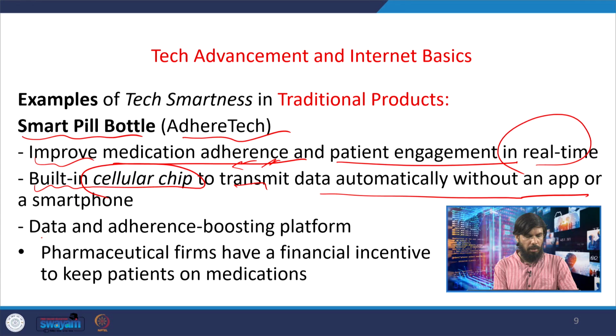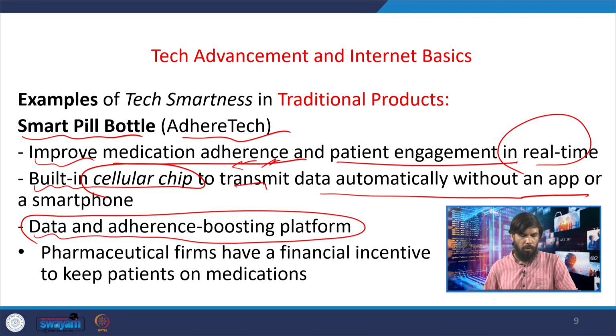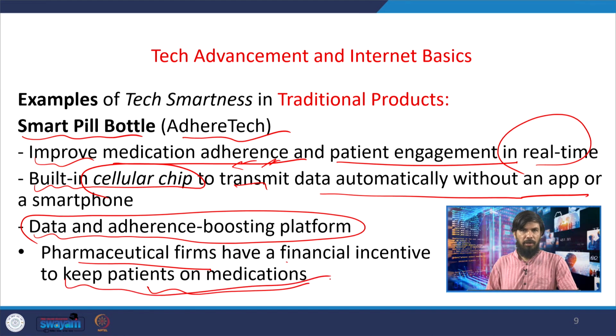And so essentially through this data, an adherence boosting platform is also there. Through this, pharmaceutical firms can benefit, because if patients are able to follow their medications, there is a financial incentive for pharmaceutical firms. So why is this model successful?